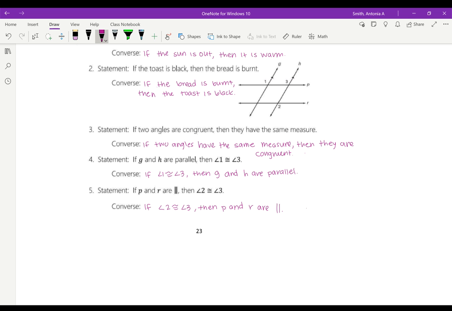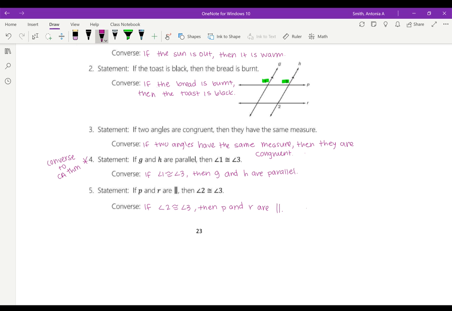So for number 4 and 5, you can look up in the picture that's kind of up in the middle of the page. Number 4, if G and H are parallel, then angle 1 is congruent to angle 3. So if angle 1 is congruent to angle 3, which are corresponding angles, then those lines will be parallel. So statement number 4 is the converse to the corresponding angles theorem.